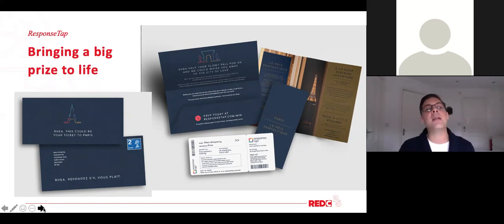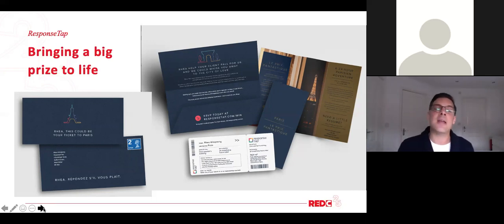We made it look like it was coming from Eurostar. So the envelope was really nice, heavy stock. On the front, it simply says "Répondez s'il vous plaît," so it tells you that we were expecting a response. I can't remember if these were real stamps or just made to look like real stamps.